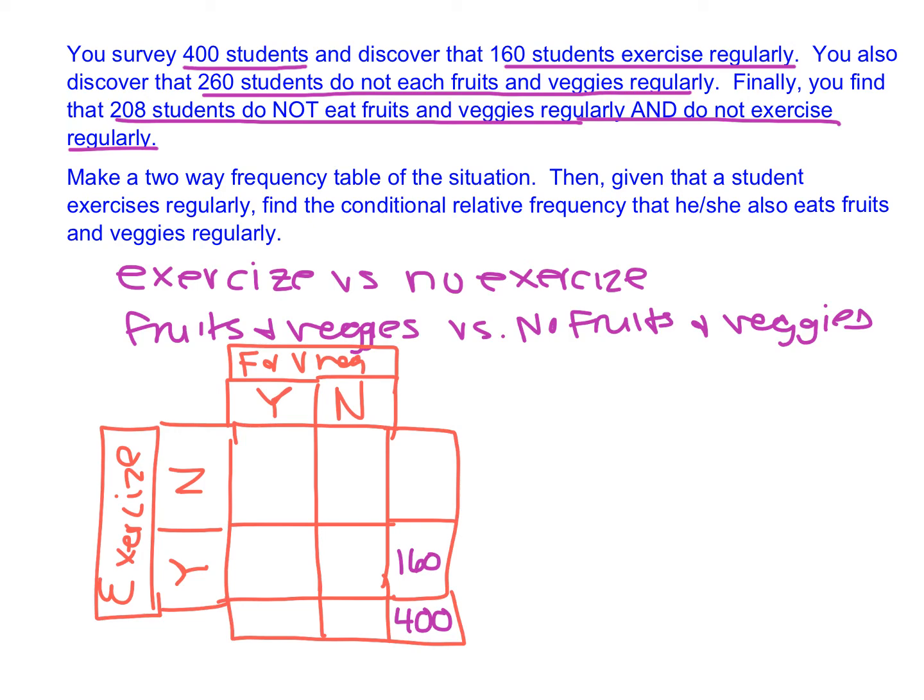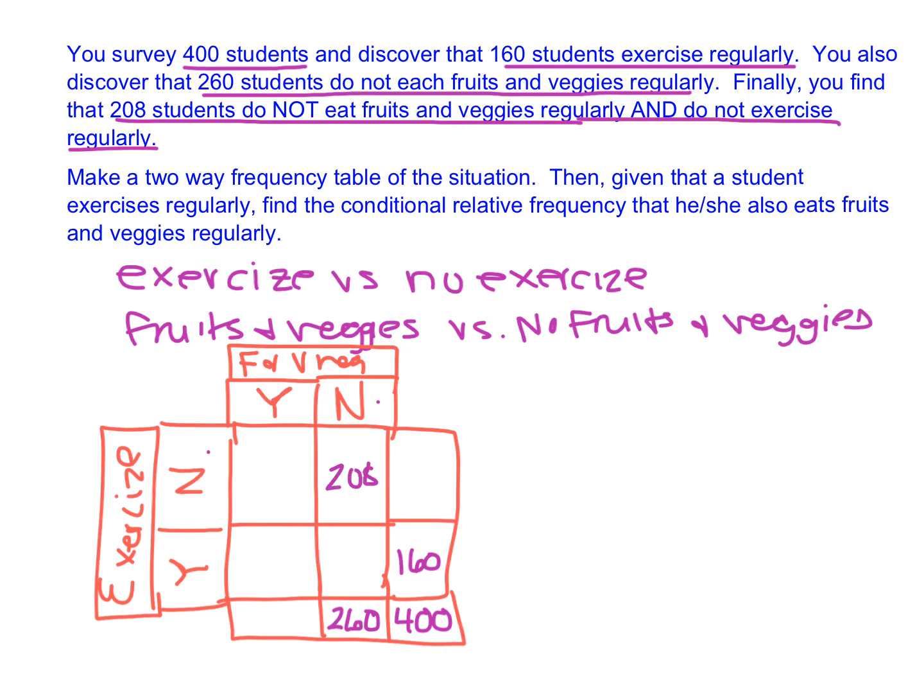Then from here it says you also discover that 260 students do not eat fruits and veggies regularly. So that's going to go here. And then the last piece of detail that I have is I know that 208 students do not eat fruits and veggies regularly and do not exercise regularly. So that's going to be a mixture of no and no, which meet right here in this particular category.